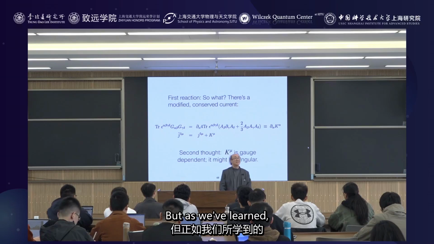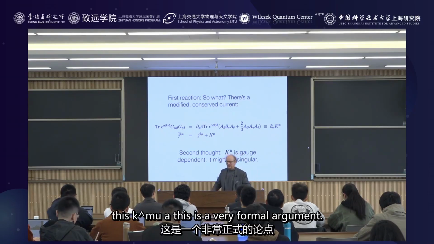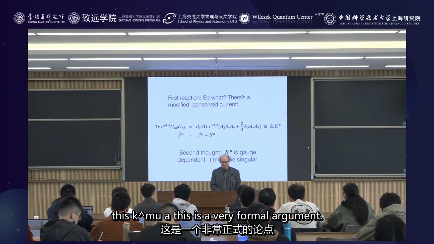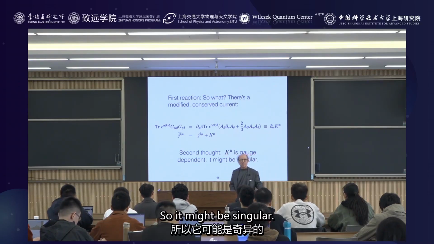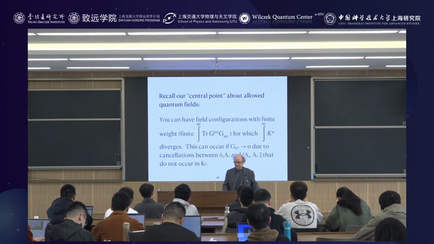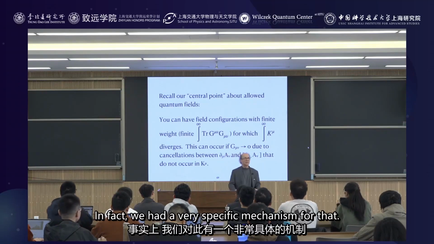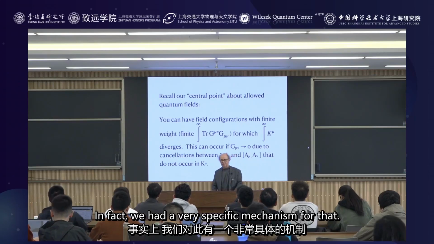But as we learned also, this K mu is a very formal argument, and the K mu that's involved here is not gauge invariant, and so it might be singular. And in fact, we had a very specific mechanism for that.